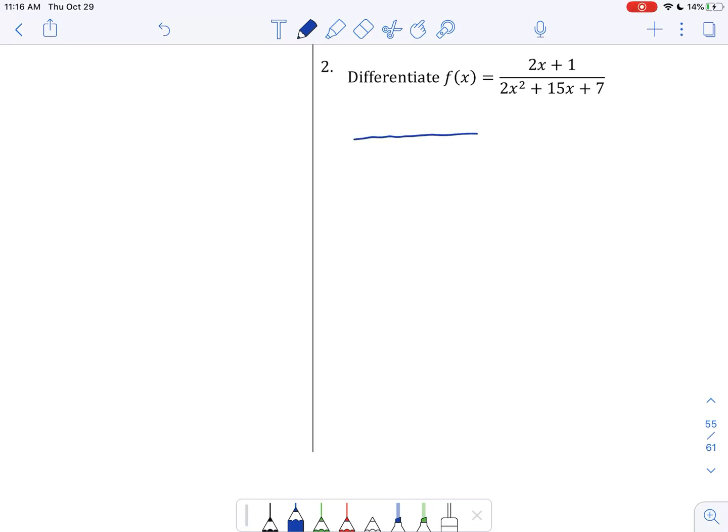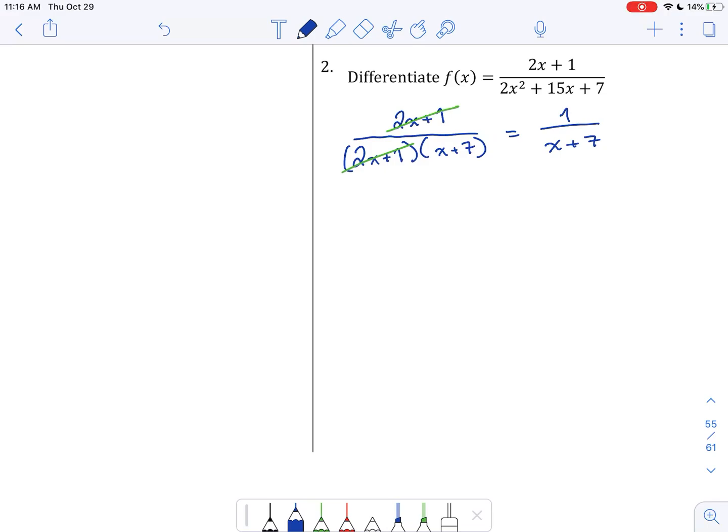So in this case, we have a fraction, and if we factor that, we end up with 2x plus 1 in the numerator, and 2x plus 1 times x plus 7 as our factored form here. If you want to try for yourself, absolutely. If you want to just check my work by factoring it, you can. And then we divide that out, and we end up with the much simpler 1 over x plus 7.